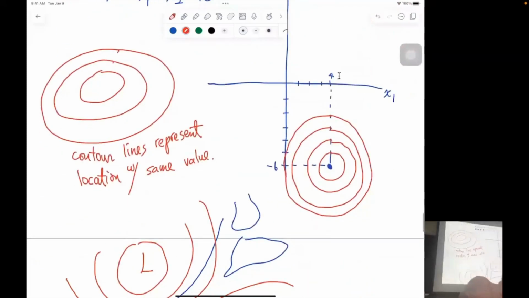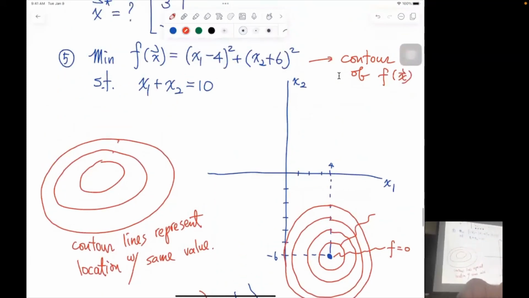So this is where f equals 0. This is where f equals 1. This is where f equals 4.